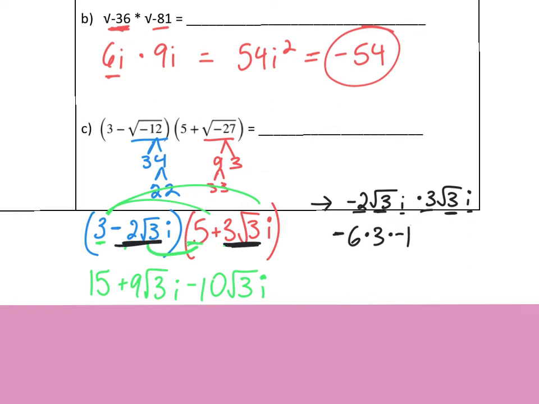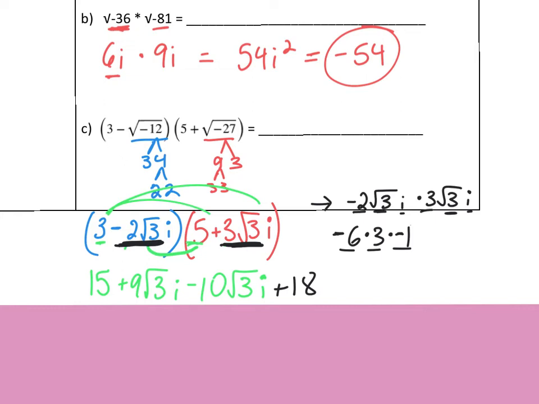So this term is just negative 6 times 3 times negative 1, positive 18. Okay, that's a tougher little piece right there. So if you've got to pull those out for the first few, just so you can visualize that, do it, okay? I'd rather you do that than get it wrong.